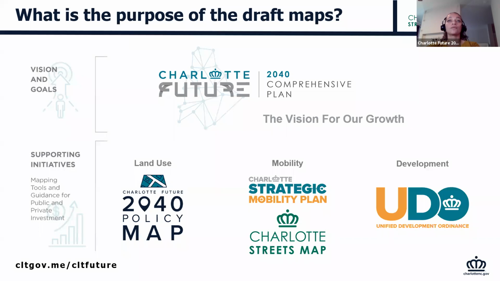The Charlotte Future 2040 policy map will identify appropriate locations for future development in our neighborhoods. And then the streets map will identify the multimodal vision for Charlotte streets to support mobility between the places that we live, work, and play. And then the UDO is a consolidation of all of the development regulations within the city.